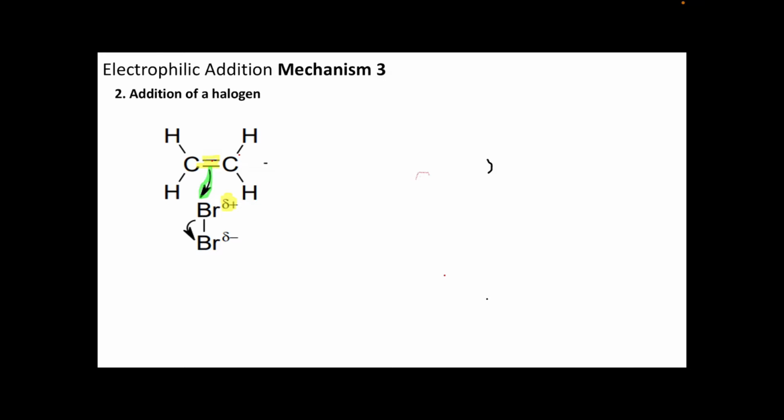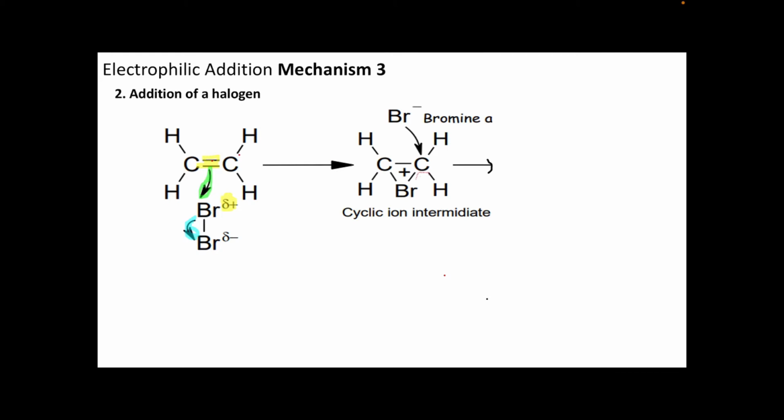As before, the pi electrons from the double bond will form a covalent bond with the bromine. At the same time, the bromine molecule breaks up by both electrons going from the covalent bond onto a bromine atom. And you get this rather interesting looking species. It's not a carbocation, we call it a cyclic ion intermediate, because you can see that the bromine has formed a cyclic structure with the two carbons.